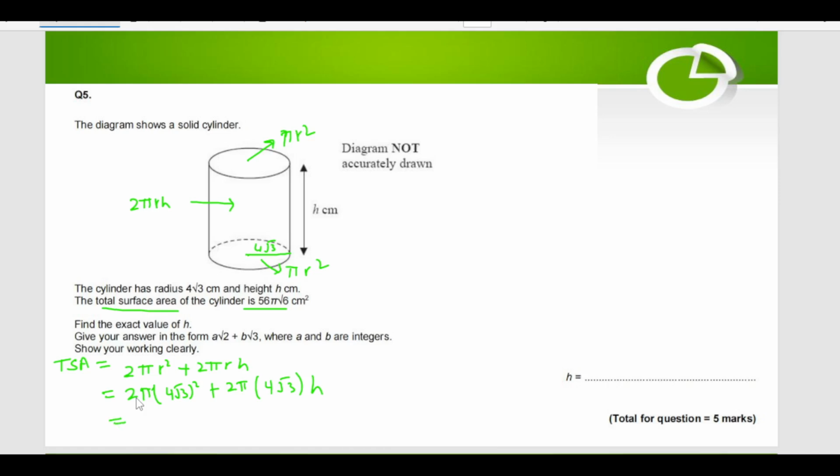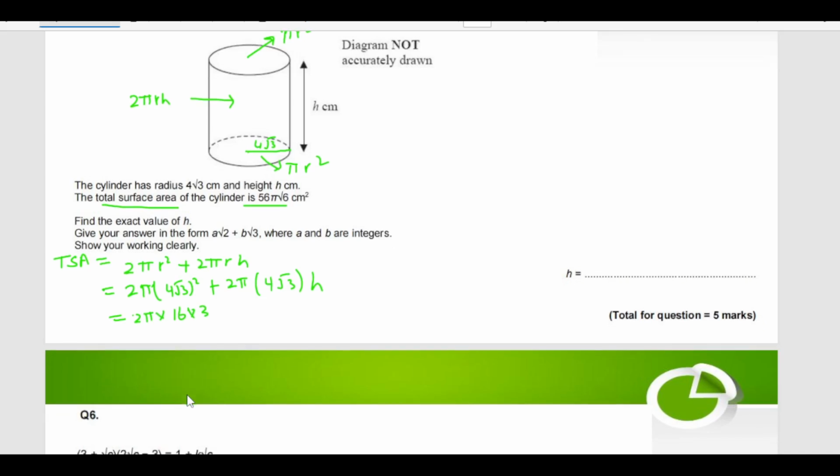When you do this, multiply here, 2 pi times 16 times 3, because this square root 3 squared is going to become 3, and then plus we have 4 times 2, 8 pi root 3 and h. Okay, so now we will write down here. So this becomes 16 times 3, 48, 48 times 2 it's 96, 96 pi plus 8 pi root 3 h.